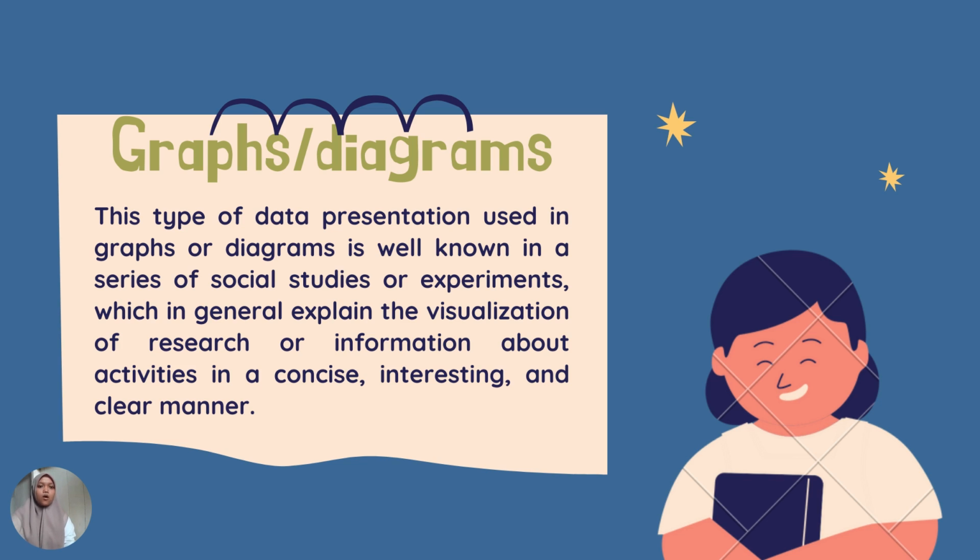This type of data presentation is well known in a series of social studies or experiments, which in general explain the visualization of research or information about activities in a concise, interesting, and clear manner.